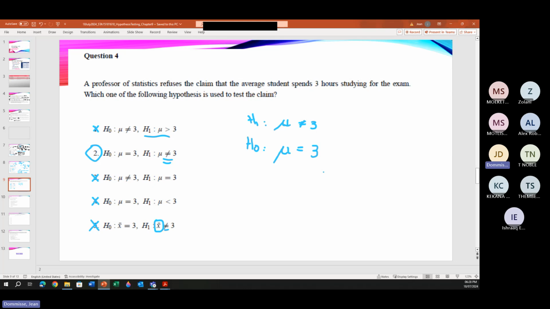Your alternative hypothesis is that the professor refuses to believe that students are spending 3 hours. Okay, if it was students spending less than 3 hours, then option 4 would have been the correct one. If it was students spending more than, but then that needed to be equal to.